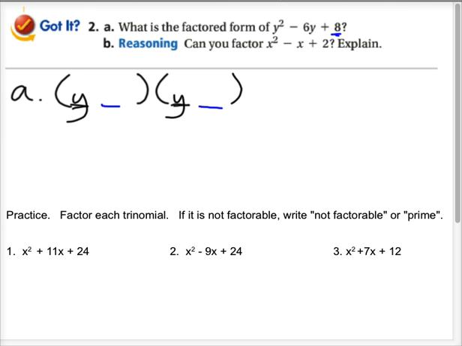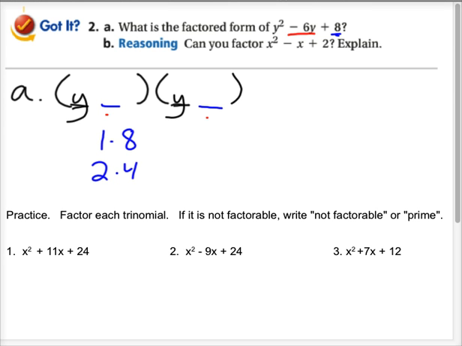So let's start brainstorming. Things that multiply to 8. Well, I'm going to start with our 1, just so I am consistent. So 1 times 8, 2 times 4. And now these also have to add to give us that -6. Now here's that case again. My numbers are multiplying to be positive, adding to be negative.